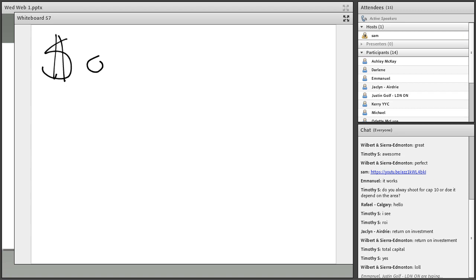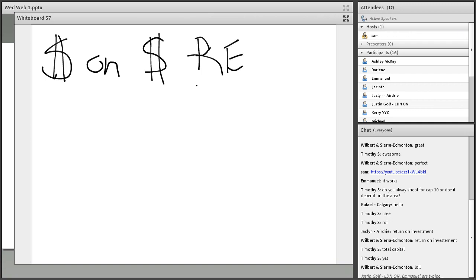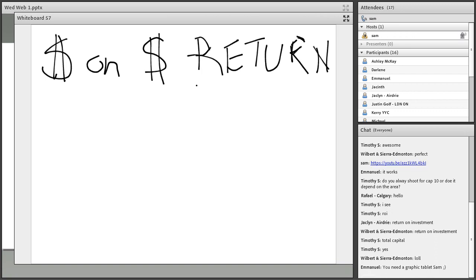Cash on cash return. There we go. Almost looks normal. Okay. Cash on cash return is what? Yeah, I need to change my stylus. That's what I need. All right. Cash on cash return.